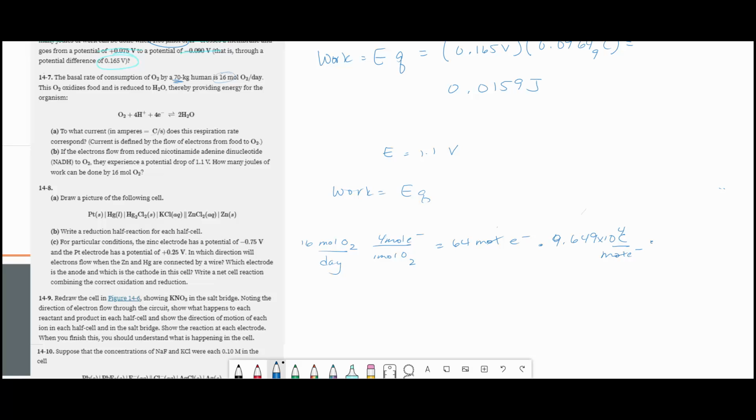And then I'm going to multiply that by my E value, 1.1 volts, because this is Q, this is E. So you should get 6.8 times 10 to the sixth joules of work for number 7B.